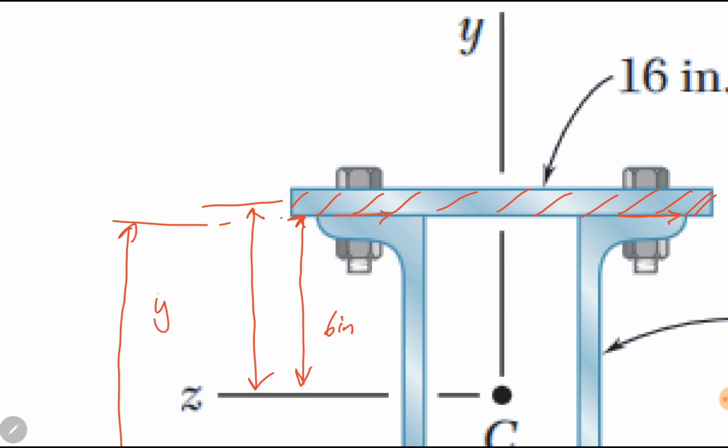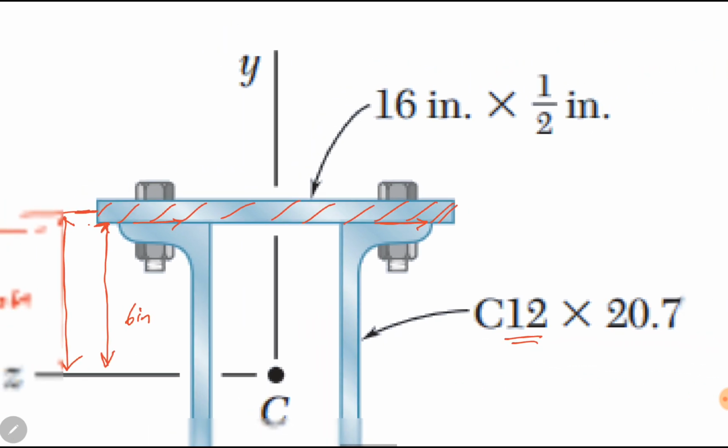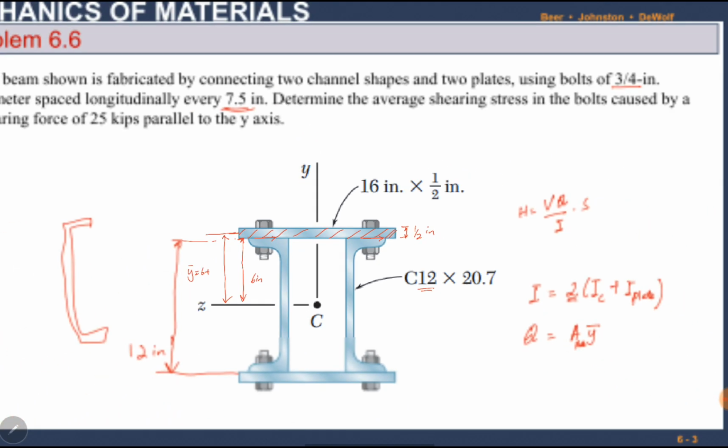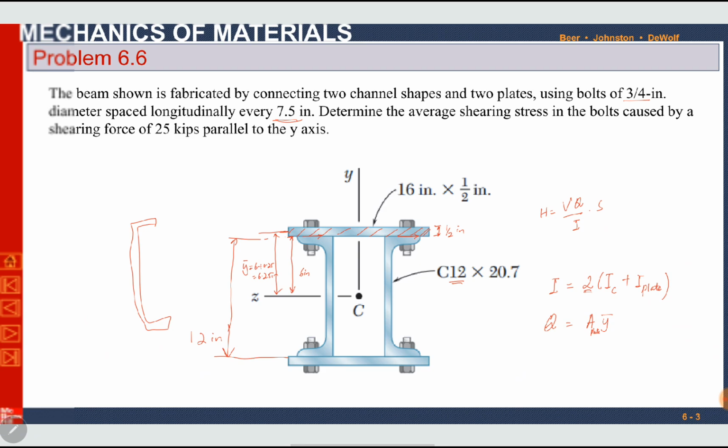So Y dash is equal to 6 plus half of the plate thickness. Plate is 16 inch into half inch. 16 is its length and half is its width. So half of the half inch is 0.25. It becomes 6.25 inches, Y dash. Area of the plate is 16 into half inch. 16 is its length and half inch is its width. So we will go towards the solution.